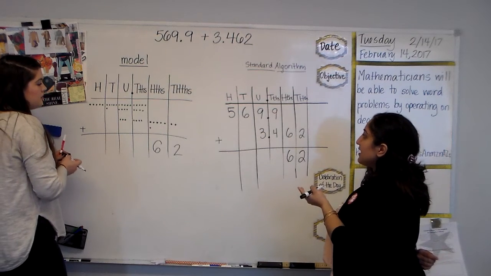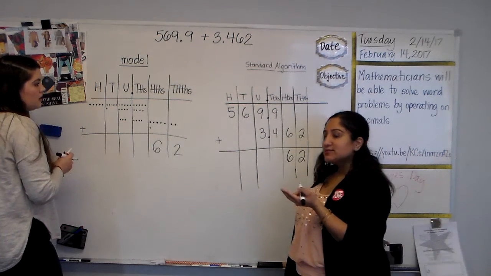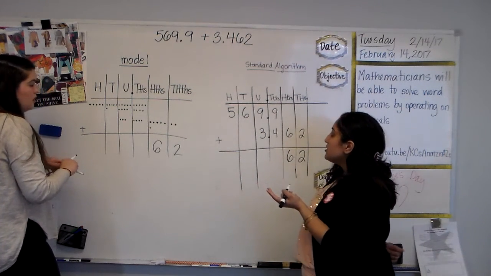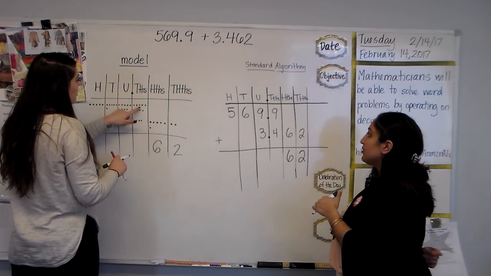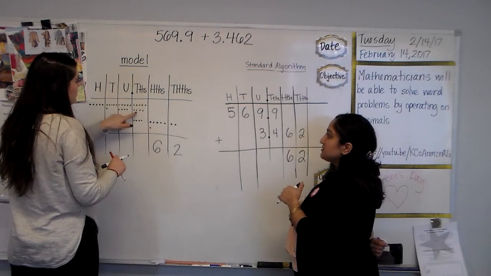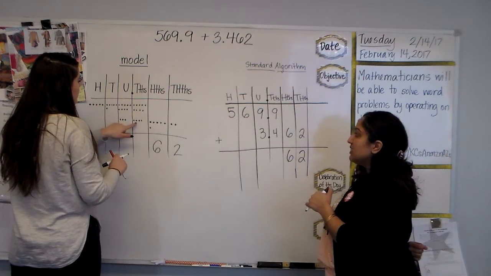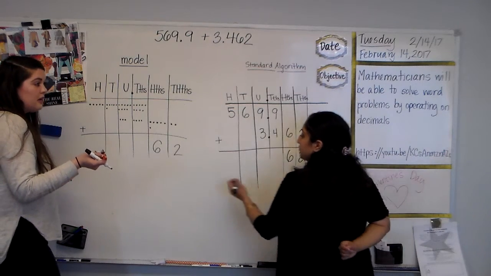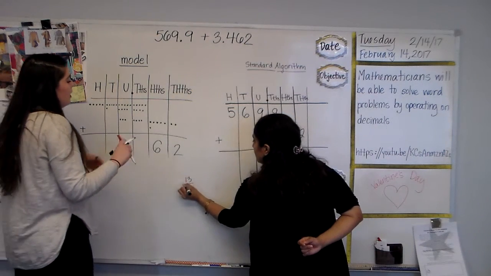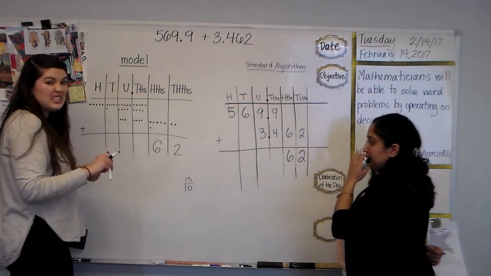I notice that if we start counting the tenths, we're actually going to have 2 digits here. So let's go ahead and count how many tenths we have. 1, 2, 3, 4, 5, 6, 7, 8, 9, 10, 11, 12, 13. I notice that that value is greater than 9, so it's 13 tenths.